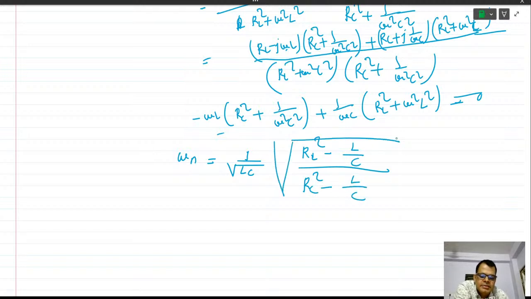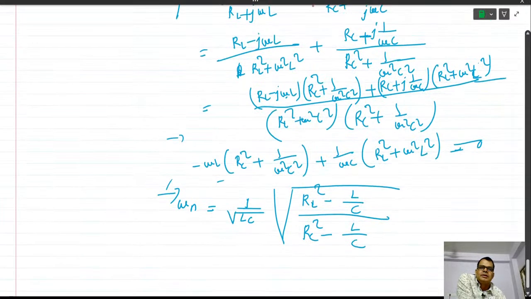Now the question arises: this calculation will take time, so how to remember it? Many of you may be mugging these things up, but it is very easy.